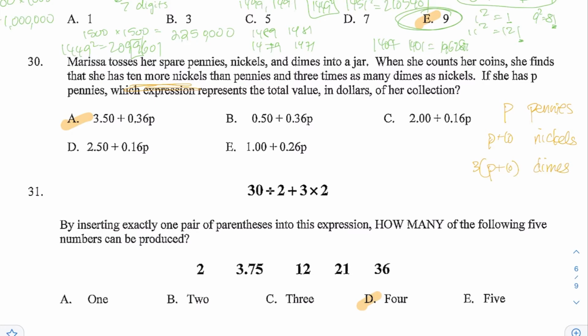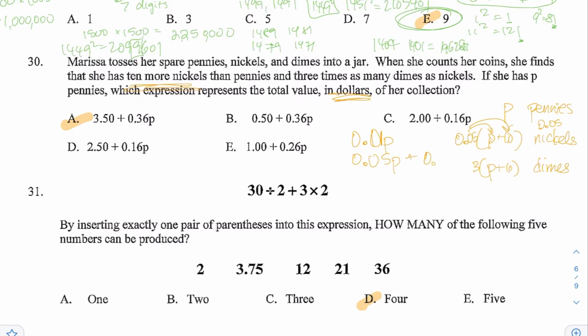So you have to put everything in terms of P, because a penny is 1 cent. So you have to multiply this P by 0.01 to have 0.01 P. You want everything in dollars, so that's why you have to turn this into a decimal. A nickel is worth 0.05. So when you multiply 0.05 times P plus 10 and distribute, you have 0.05 P plus 0.05 times 10.